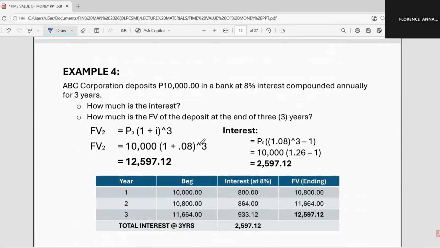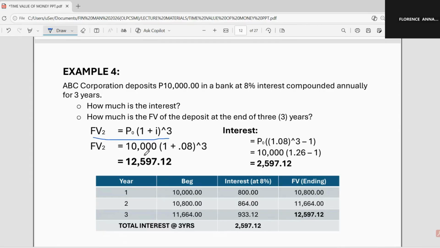Okay, next example. ABC Corporation deposits $10,000 in bank at 8% interest compounded annually for 3 years. How much is the interest? How much is the future value of the deposit at the end of 3 years? So, just for emphasis, ano ulit yung ating formula? Your future value is equal to principal times 1 plus interest raised to the number of periods.